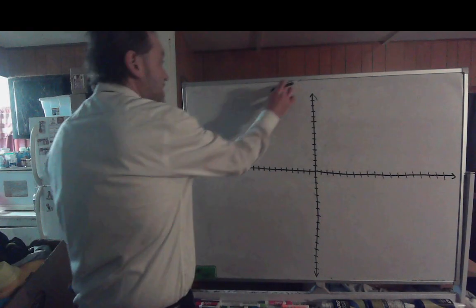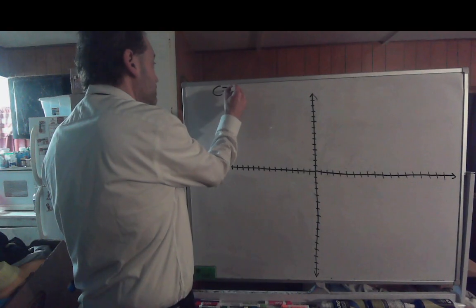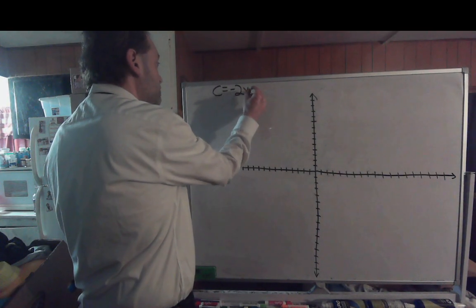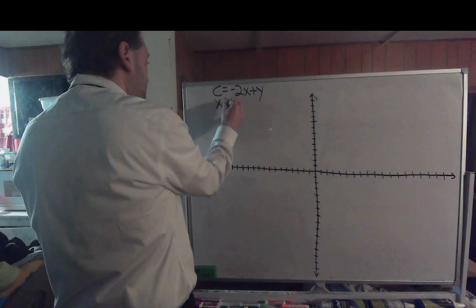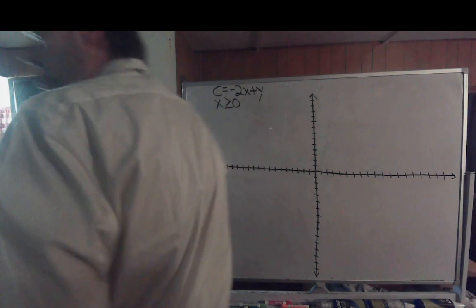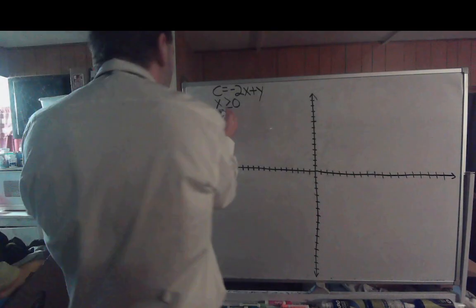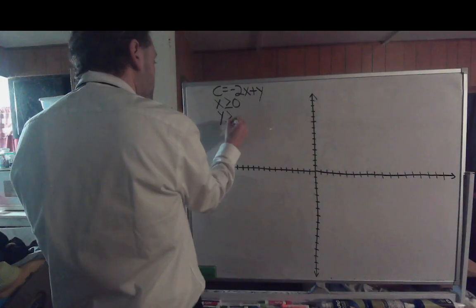So we have the objective function c equals negative 2x plus y. We have the constraints that x is greater than or equal to 0. We have that y is greater than or equal to 0.